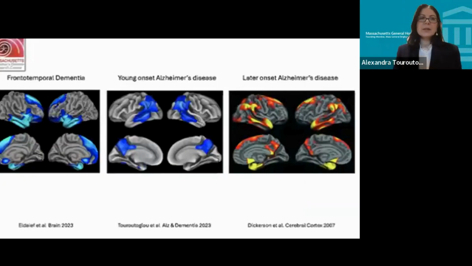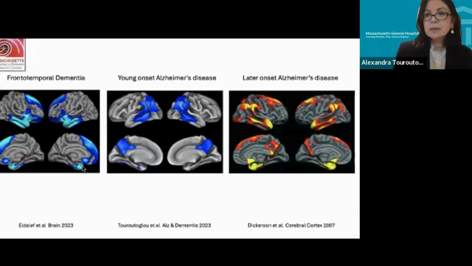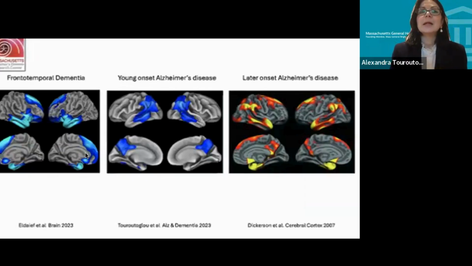So, for example, I will show you here. These are three examples where we have three different types of dementia. On the left, all these blue areas that we see here are areas in the brain that show shrinkage, atrophy, in frontotemporal dementia compared to healthy older adults.